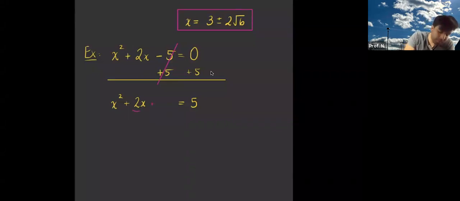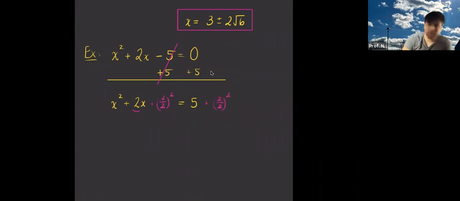What are we going to do to it? We take 2, divide it by 2, and square it. 2 divided by 2 is 1, so this really equals 1 squared. But what's 1 squared? It's 1.